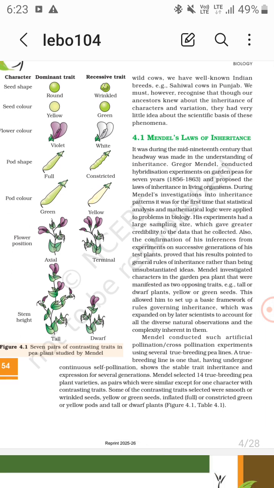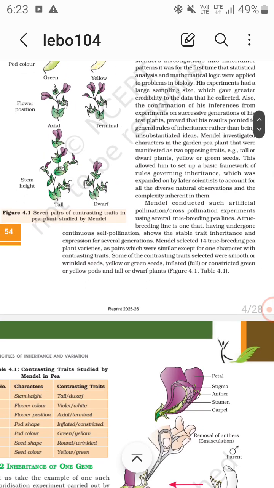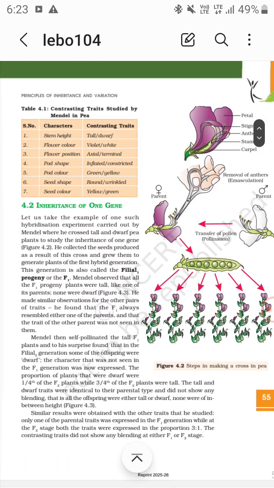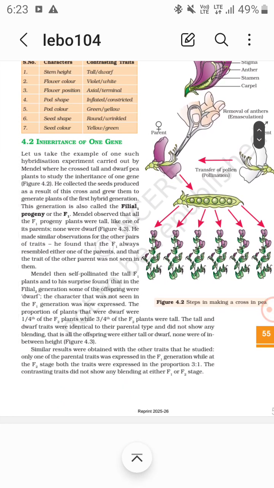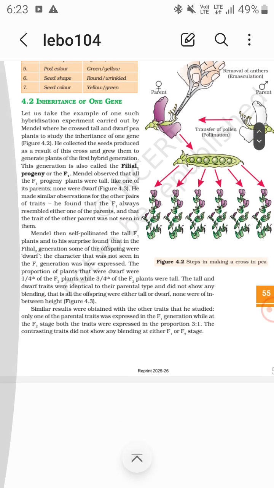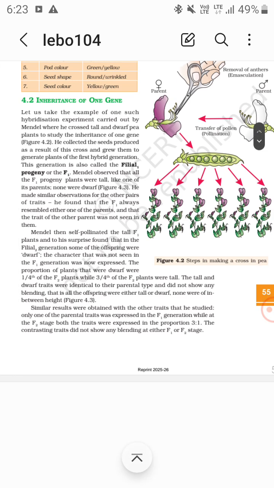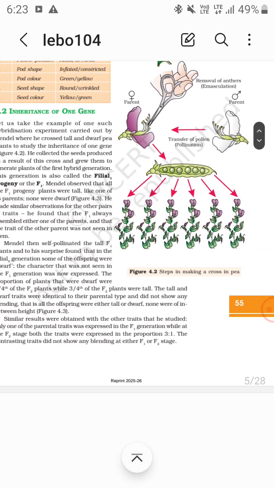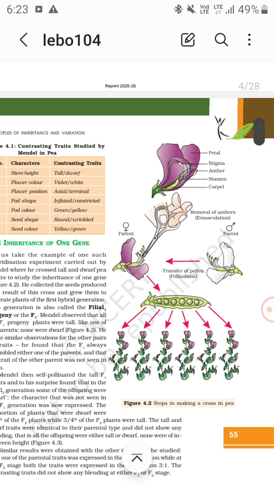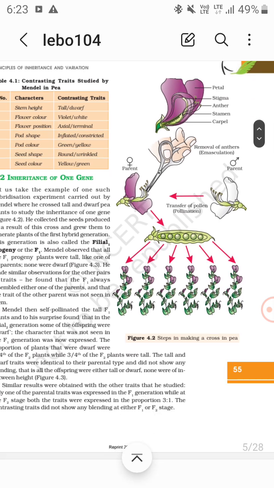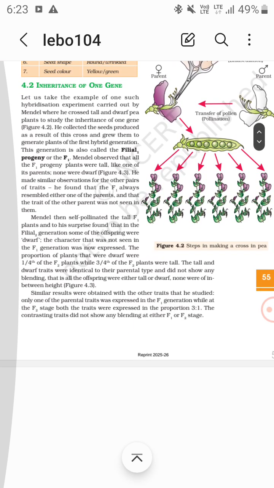Now inheritance of one gene, we get the F1, then F2 after selfing, and removal of anthers is emasculation; it is female parent and male parent, that is bisexual flowers.